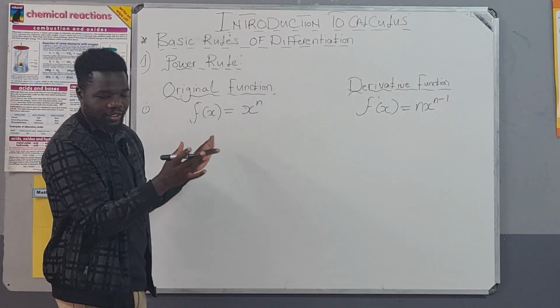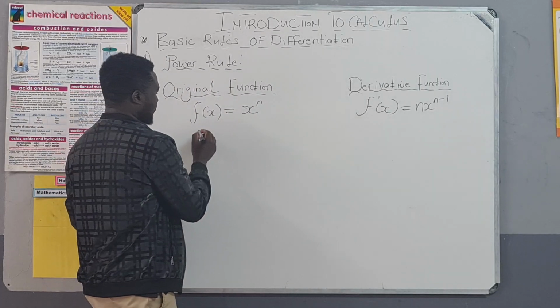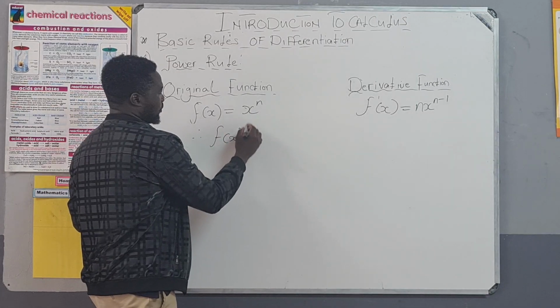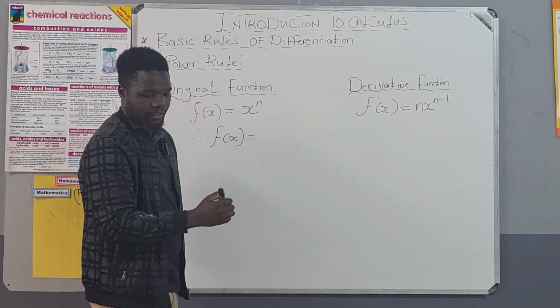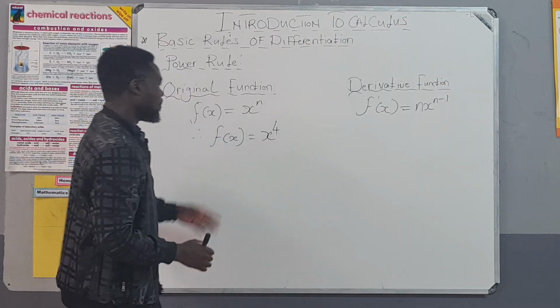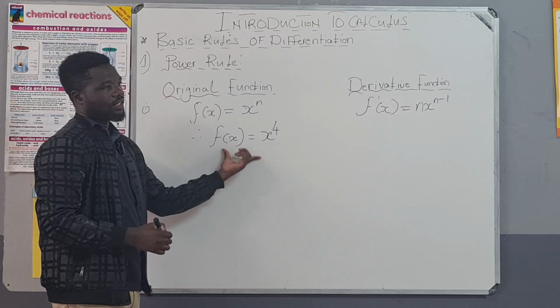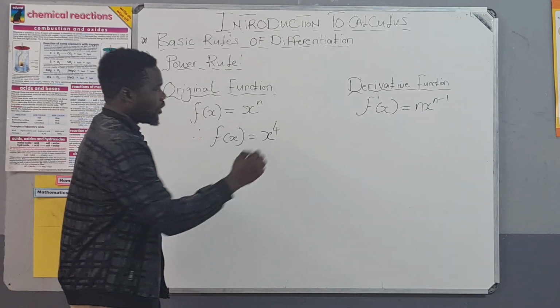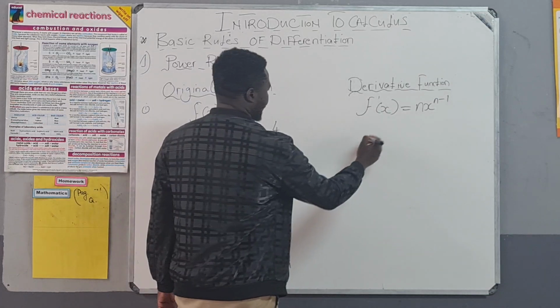Let's look at an example where they give you the original function x to the power 4, and they ask you to find the derivative function. What will be our answer? You say 4 times x, which is 4x, and then this 4 in the power, you minus 1.